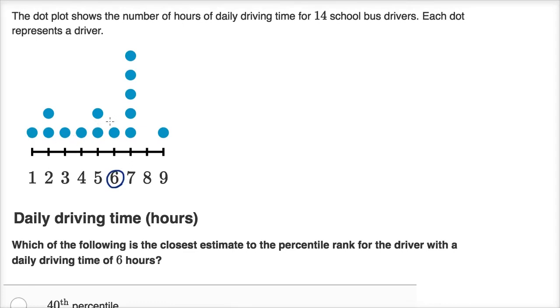Looking at this data right over here. All right, now let's work through this together. So when you think about percentile, let me write this down. When we're talking about percentile, we're really saying the percentage of the data that, and there's actually two ways that you could compute it.